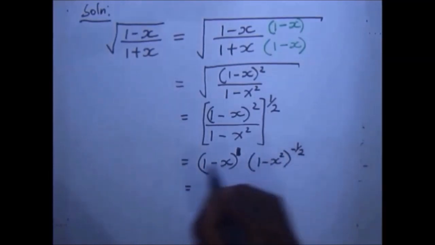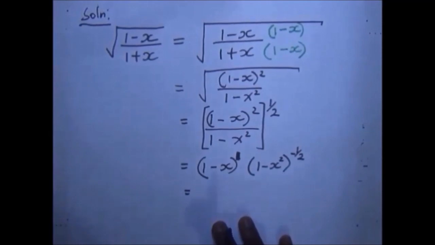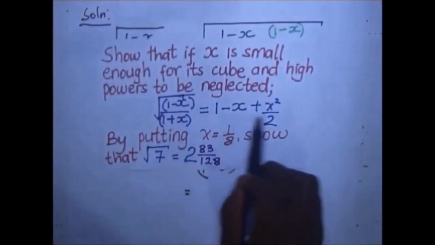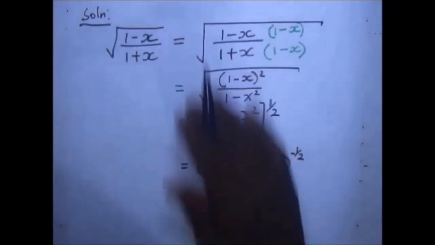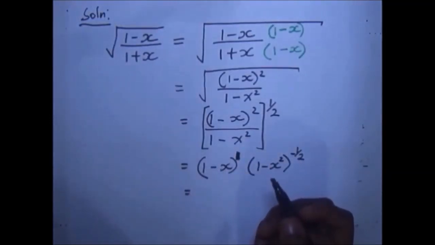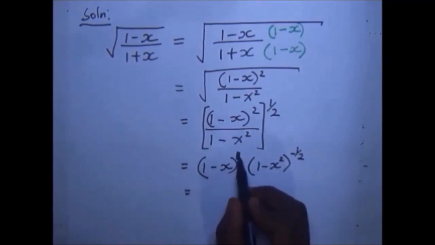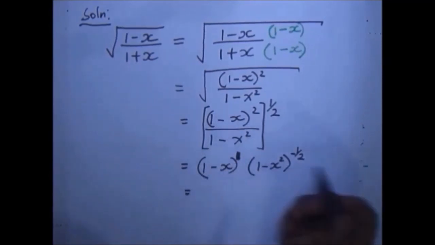So now we're supposed to expand this. We expand it to make sure that it is equal to this expression. The first one is already expanded. As in, for 1 minus x to the power 1, the expansion is 1 minus x.